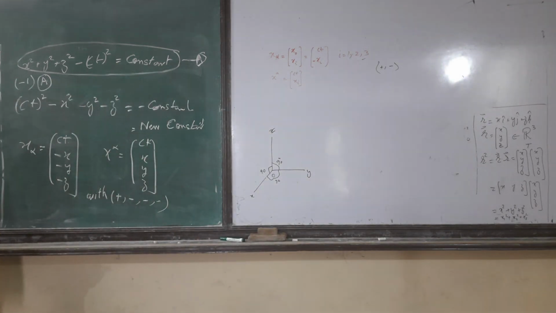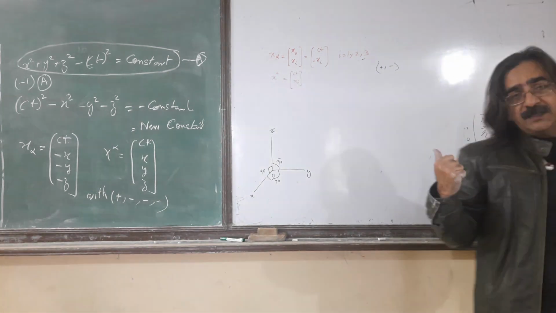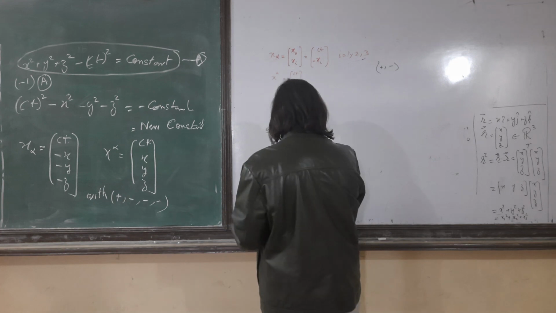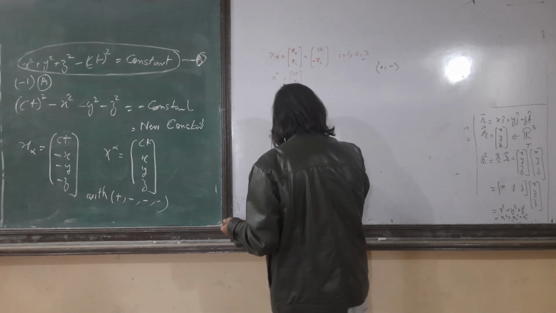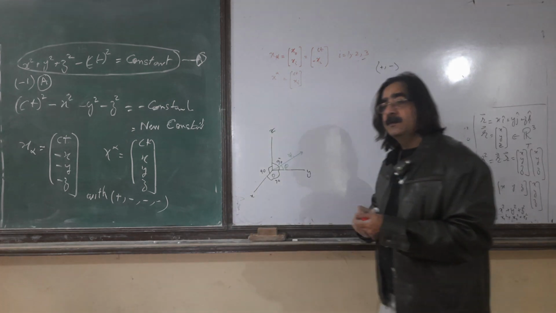Okay, got it. So x, y, z is a real three-dimensional space, and this phi is making angle phi.